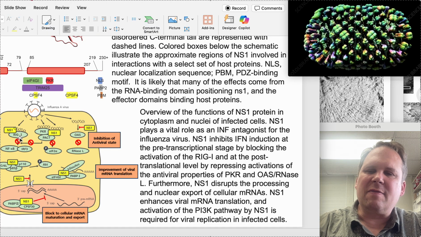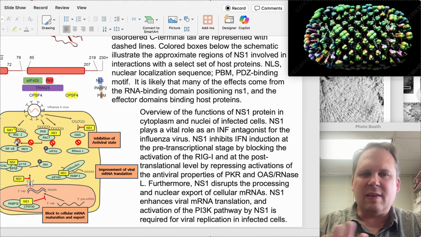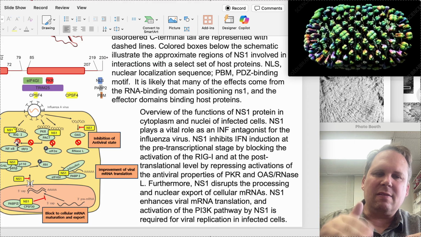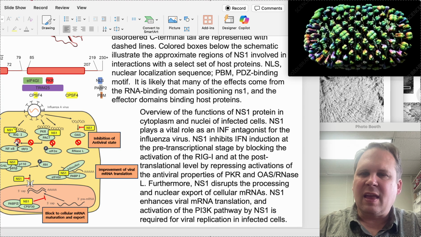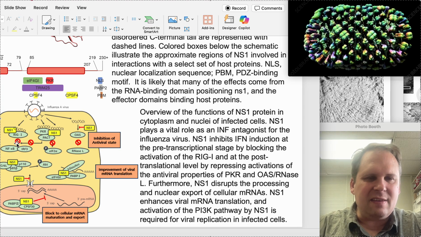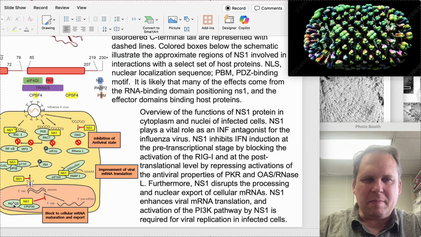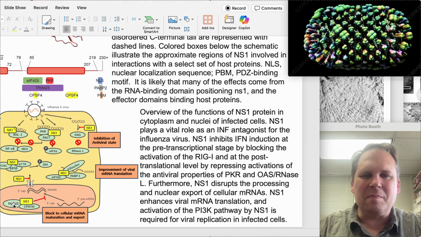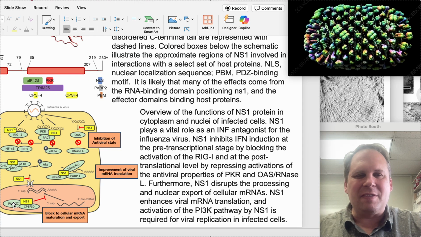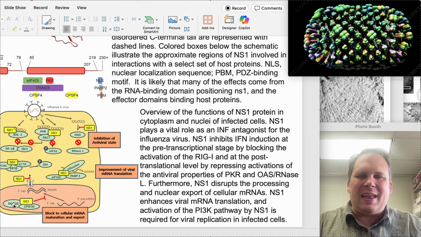So the virus NS1 protein is shutting down the signal that would lead to interferon production. It's shutting down some of the messages that could also lead to mRNA interferon production, type 1 interferon production. And it is going to inhibit the normal mechanism which would lead to messenger RNAs coming out of the nucleus, even if they are made.